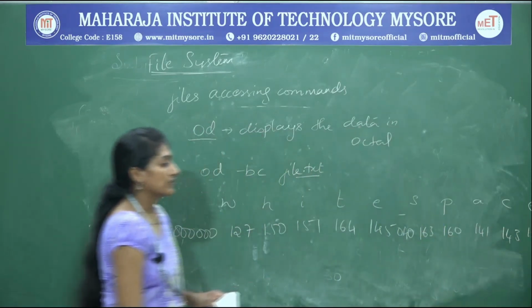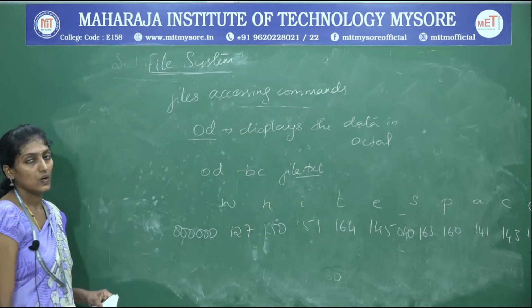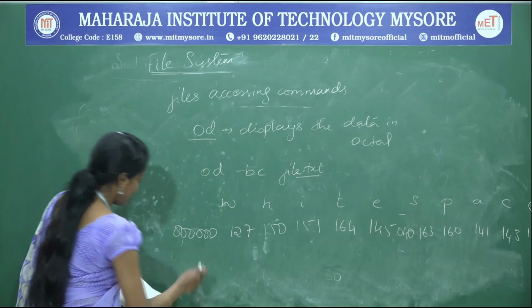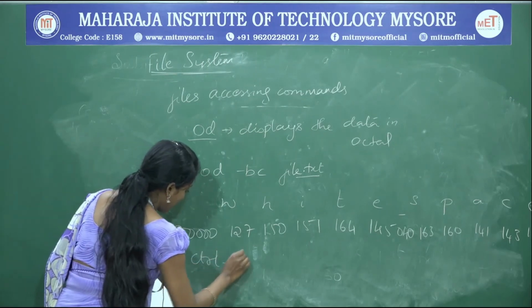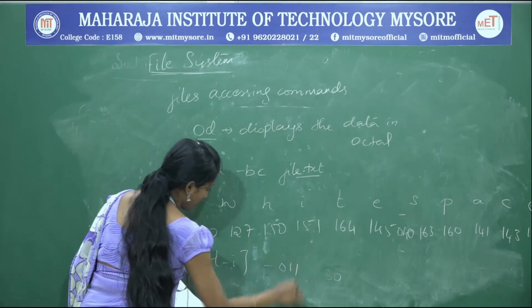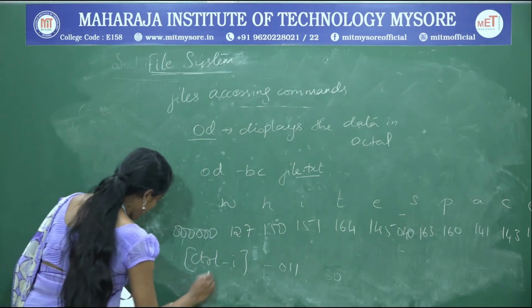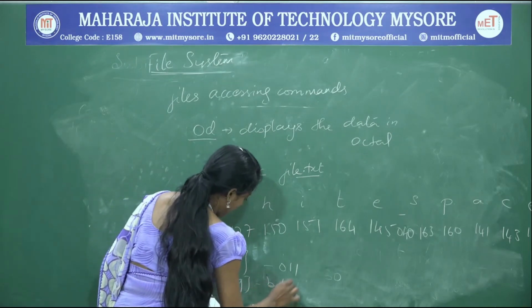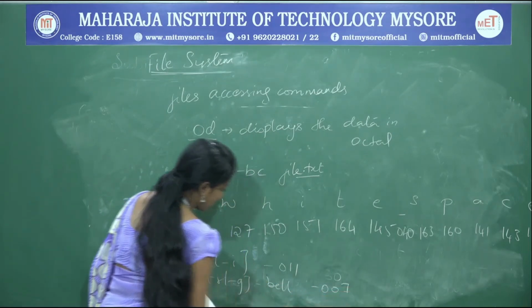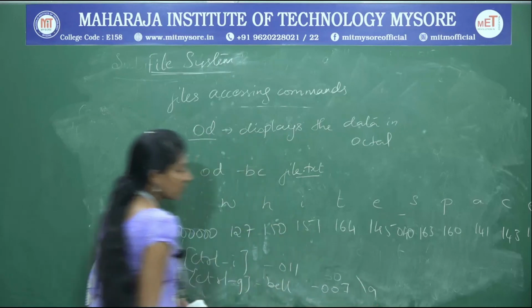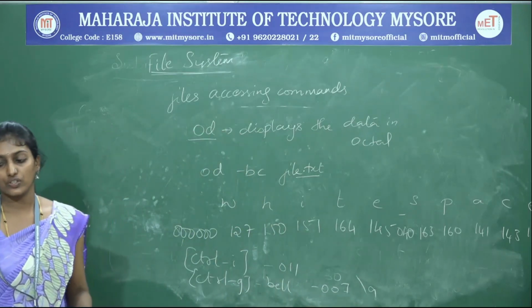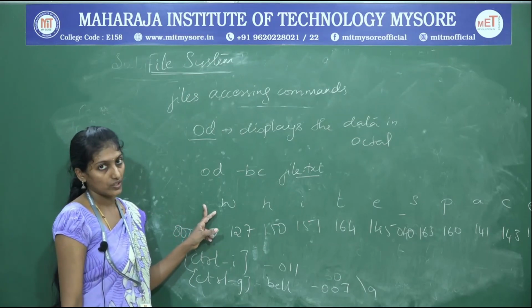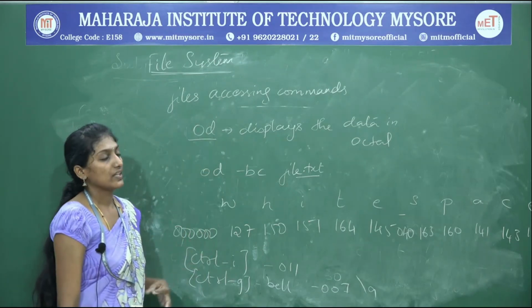So the ASCII values of all these will be displayed in octal. So the octal value for control I is 011. For control G, that is the bell character, it is 007, that is \a. Okay, so this is how it is going to display the octal value. The data will be displayed in octal value. So this is about your od command.